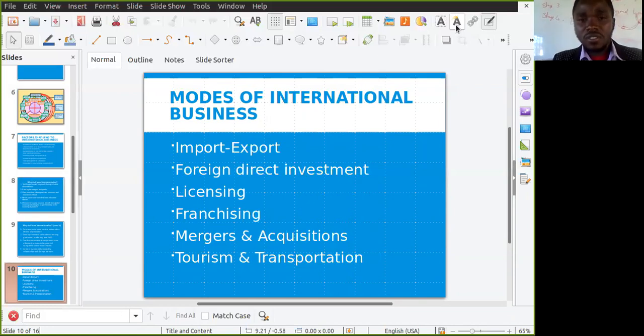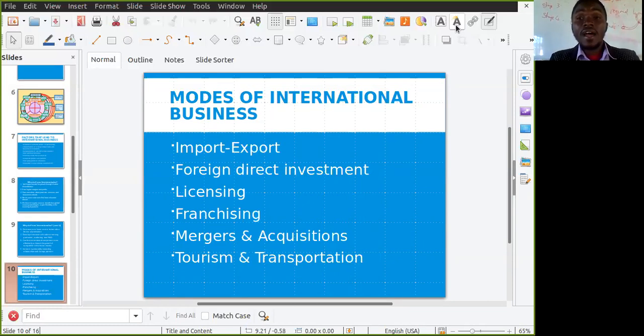Import and export. Why do we say that imports and exports are a mode of international business? This is because in imports and exports, we see transactions that involve movement of goods and services from one country crossing a border into another country. That is exports and imports.